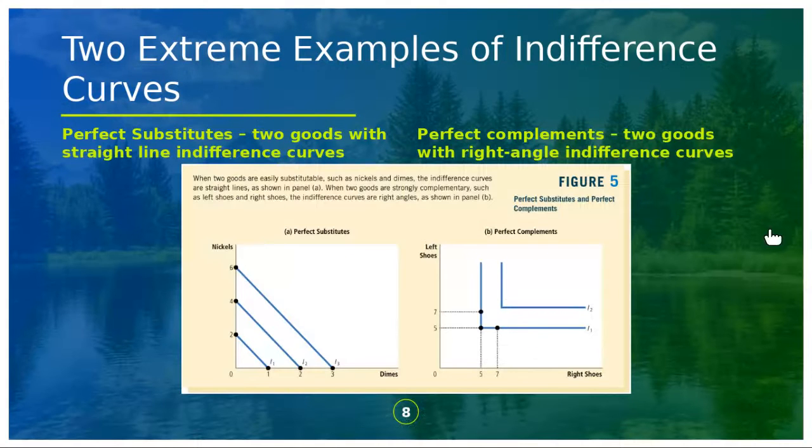Now, on an interesting note, there's 2 extreme examples of indifference curves. We have perfect substitutes, which are 2 goods with a straight line indifference curve. Basically, this is a situation in which you don't care between the 2 goods which you are given. What matters is the value of the product of those 2. So for example, nickels and dimes, right?